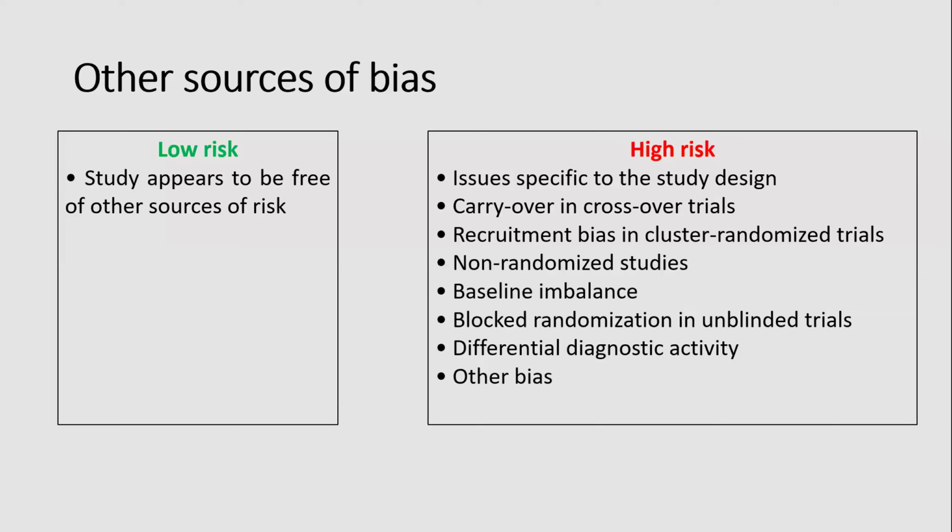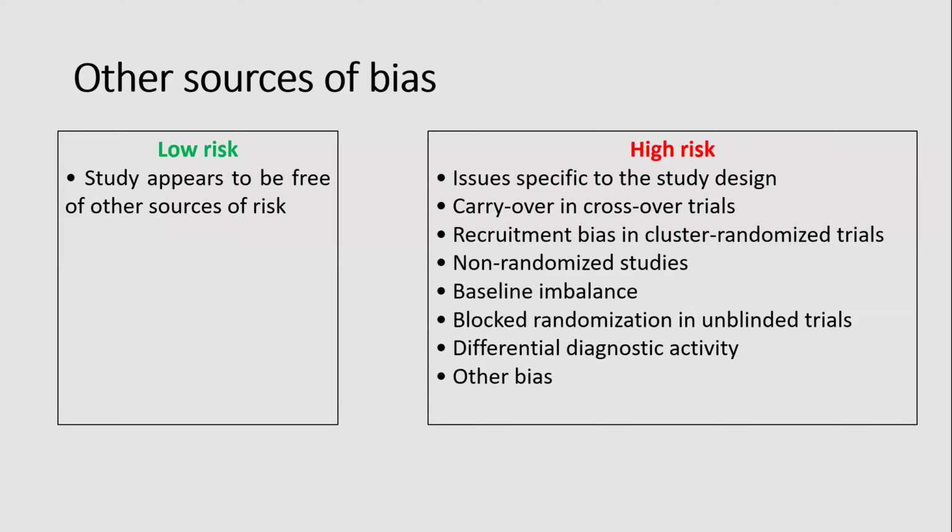Here also you can mention low risk if you find a study appears to be free of other sources of bias. This depends on the authors who are checking the quality of the study. By reading the study, you can understand whether it has any other source of bias.